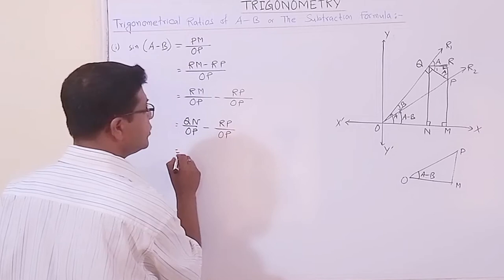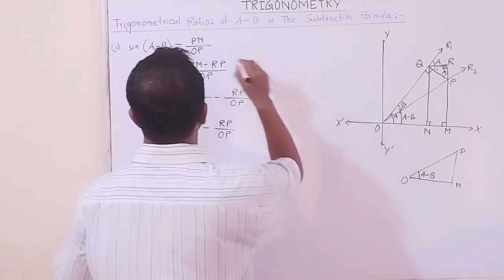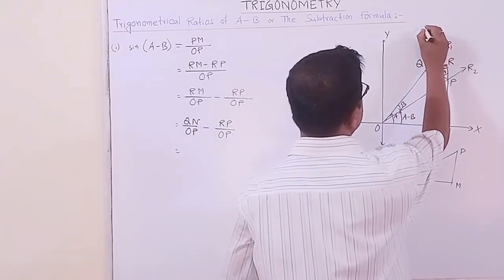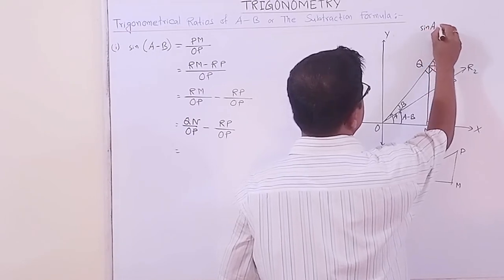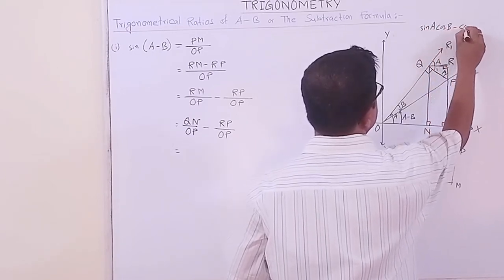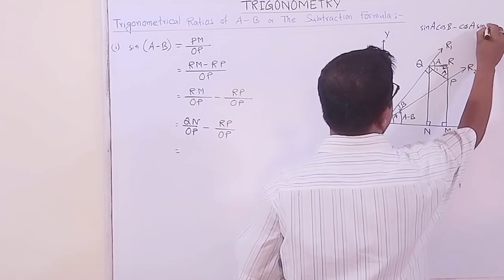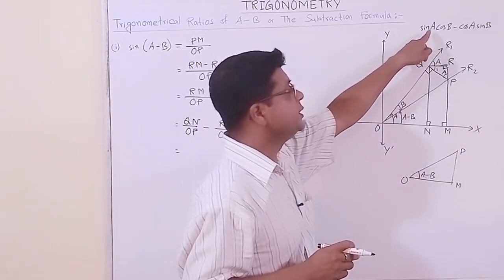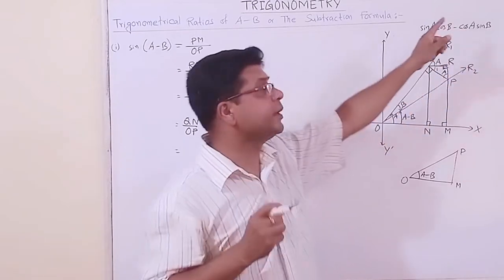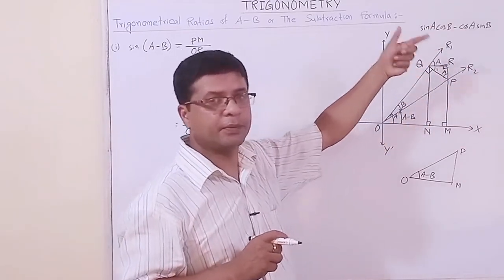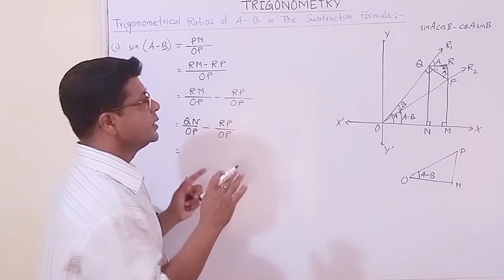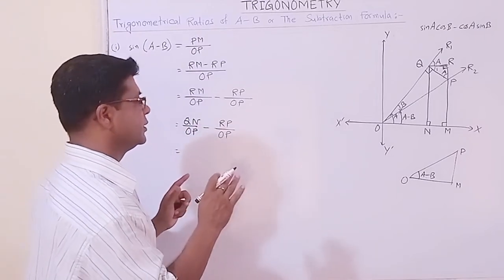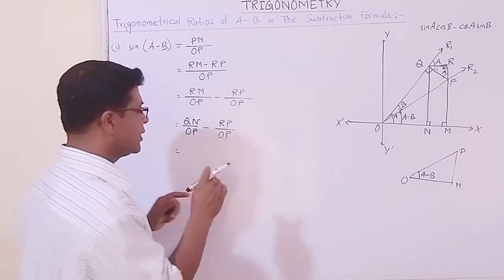Now dear student, what are we going to prove? We are going to prove that sine of A minus B is sinA cosB minus cosA sinB. Got it? Okay, now here in every case we need sine and cos. Sine means perpendicular by hypotenuse, cos means base by hypotenuse. So we'll look at the base and hypotenuse, or perpendicular and hypotenuse.